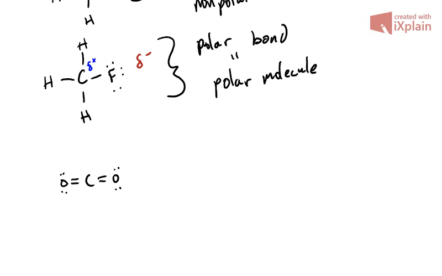Cohen, if we're looking at the carbon-oxygen bond, just the bond itself, not this molecule, would it be a polar or a non-polar bond? Polar, because it's not between two of the same elements or between carbon and hydrogen.